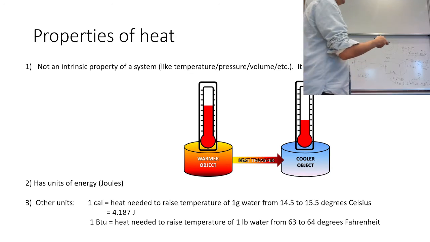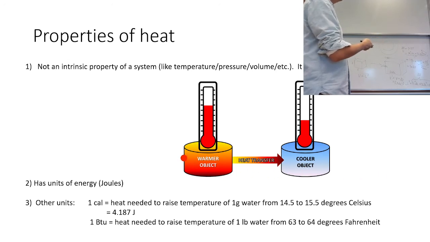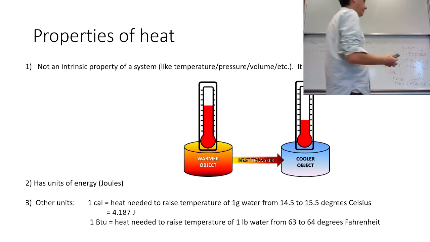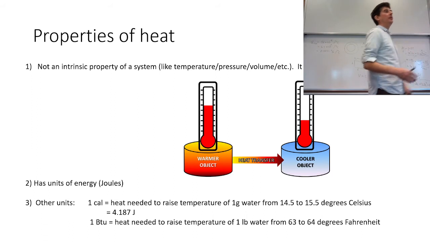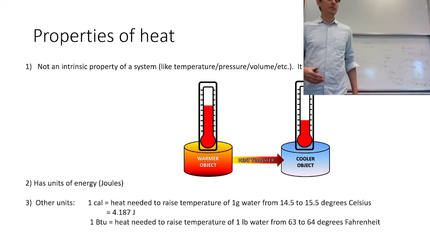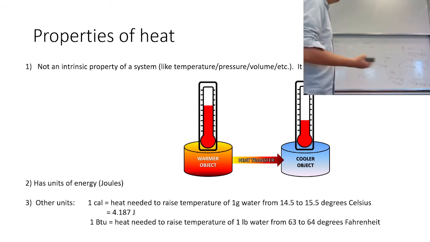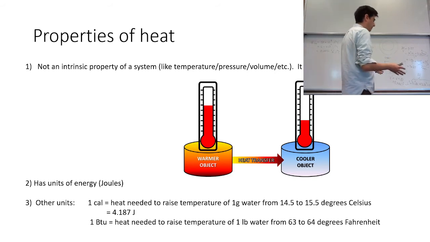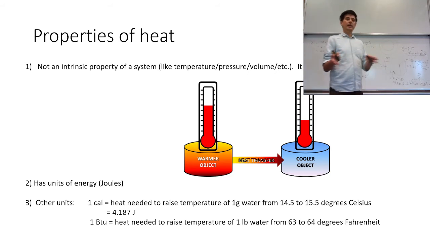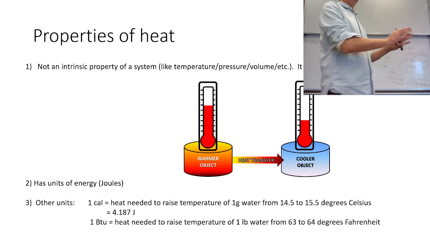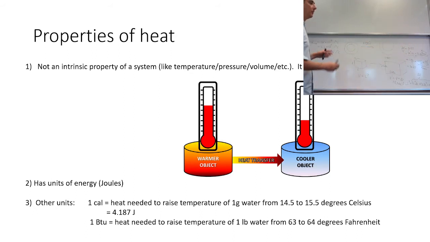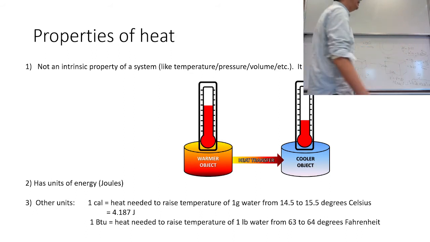So if you have two objects, then the energy transfer is actually the heat. It doesn't really make sense to talk about how much heat something has. We can talk about what the temperature of something is. That's an intrinsic kind of property. But heat is actually always a transfer.